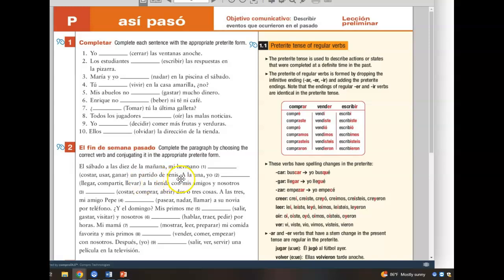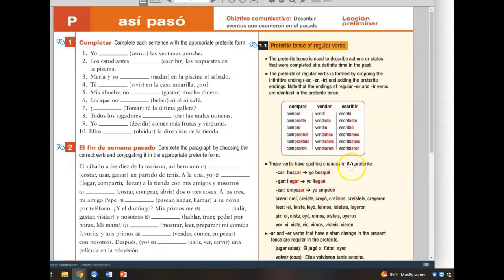And then number 2, then I'll have you guys do the rest with your partners in class. A la una, I to the store with my friends. Arrived is going to be the correct answer. Compartir is to share. Llevar is to take. So we arrive or we go to a store. Llegar in the yo form is a bit irregular, as you can see on the right-hand side.